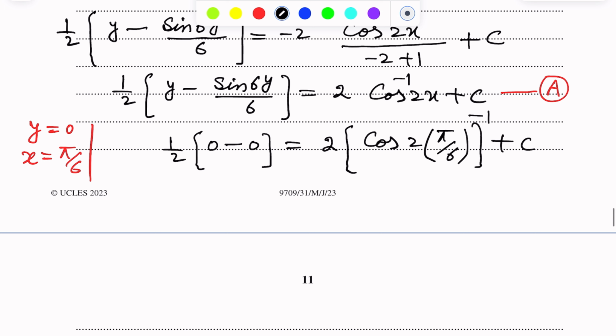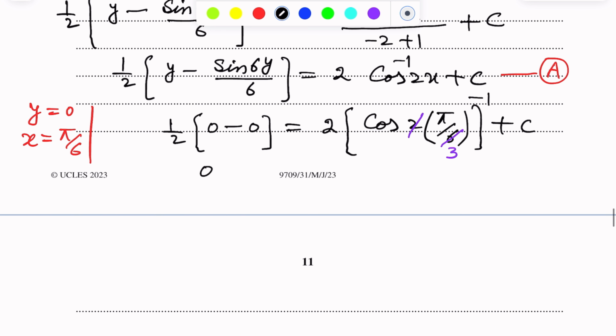Simplifying it, this cancels out. Pi by 3, that is cos 60, is equal to 1 over 2. So simplifying, we get on the left hand side 0, 2 into cos pi by 3, that is 1 over 2, power is negative 1, plus c.